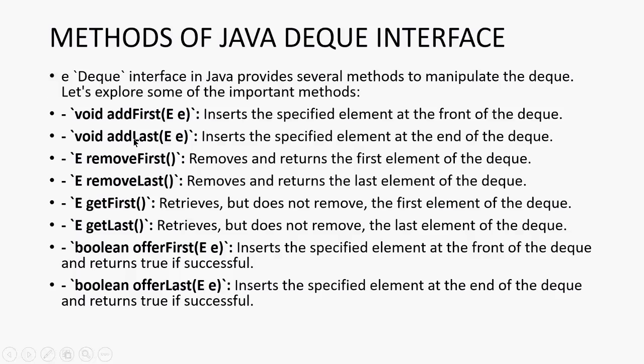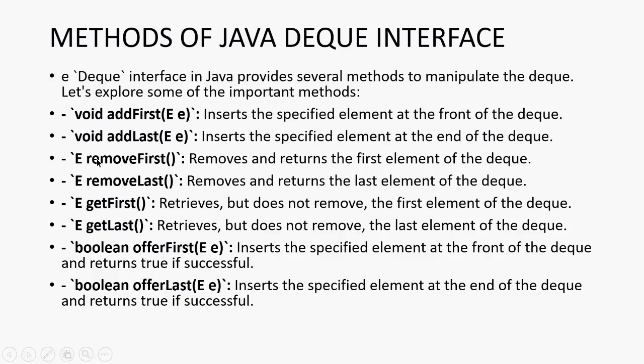Why I wanted to mention these methods is that Deque, I told you, could act both as a stack as well as a queue, meaning you can add and remove information from both the ends. So we can use addFirst to insert a specified element at the front of the Deque. You can use addLast to insert a particular element at the rear end of the Deque.